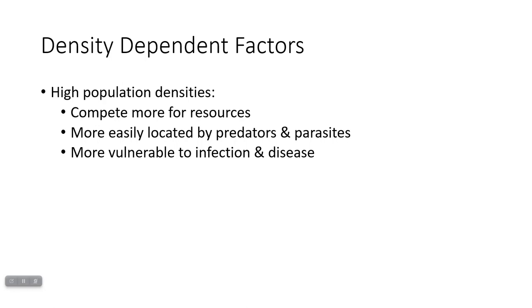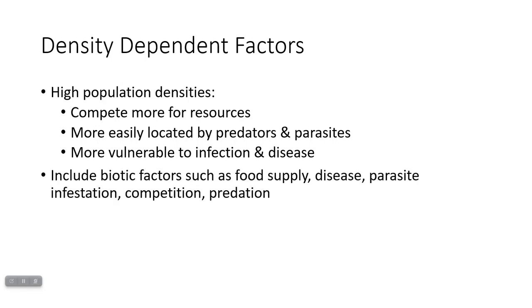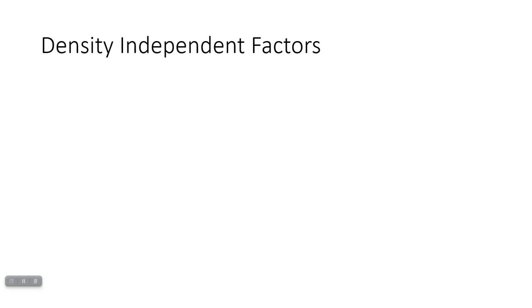That would be why, for example, with the COVID pandemic, countries or areas with a high population tended to see a very quick spread of the disease, whereas areas that were more rural and more spread out saw a slower spread of the disease. This is a lot of times due to more biotic factors, so you can link those two things, such as food supply, disease, parasites, competition, and predation, which are all density dependent factors.